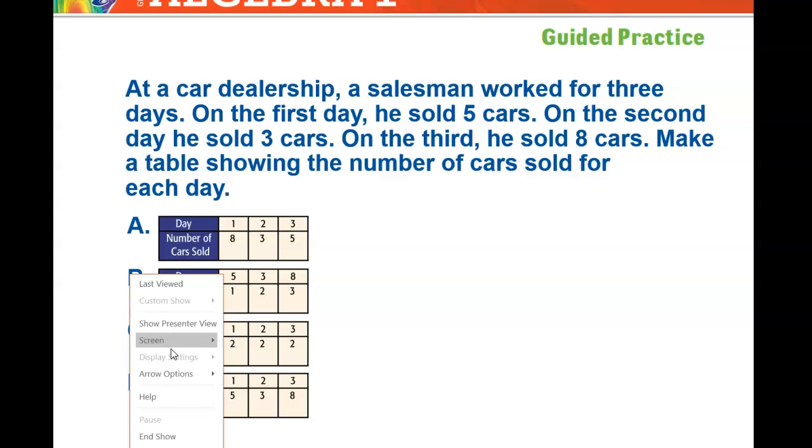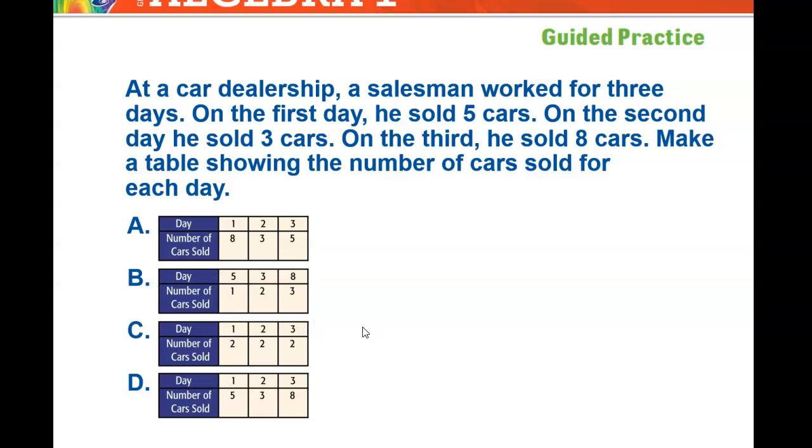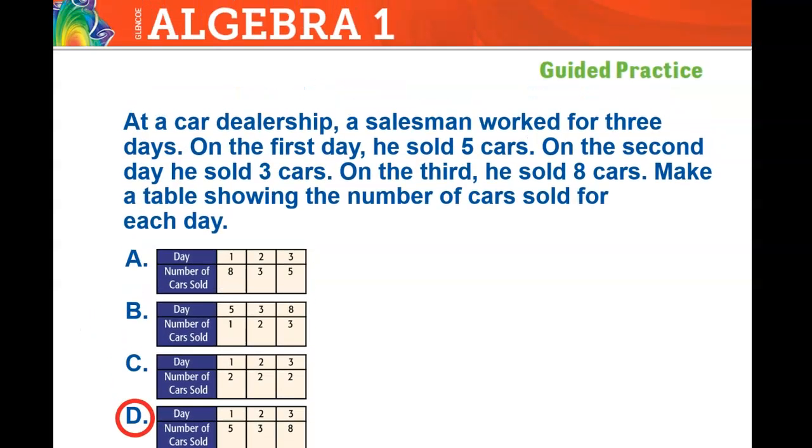So let's mark or cross that off. And then in my head, I am also saying part B says day 5. Well, I was talking about the first day, so it cannot be B. Letter C, day 1, so we're good there. Number of cars sold, 2. Did he sell 2 cars on the first day?